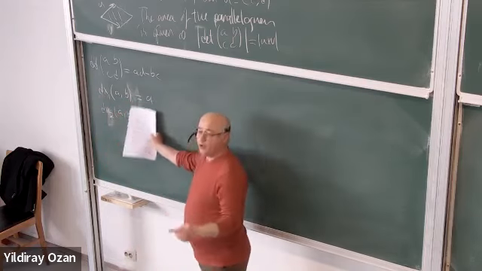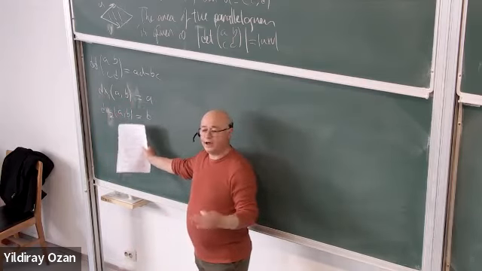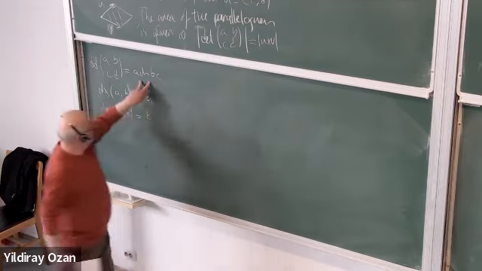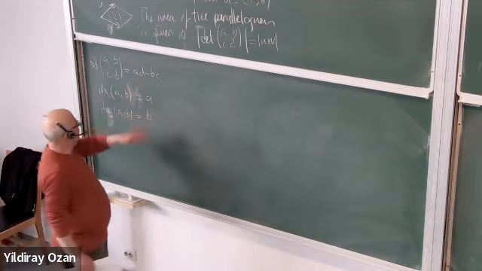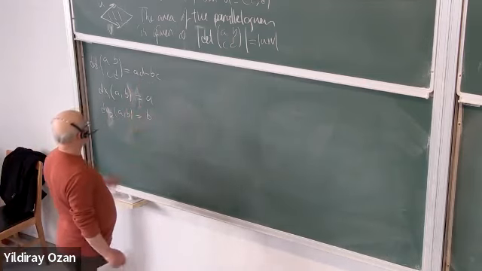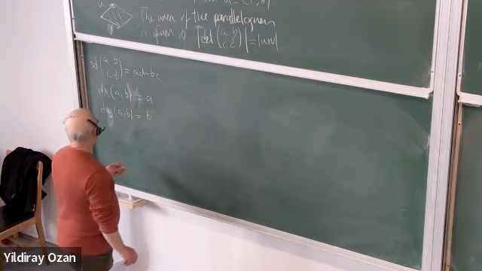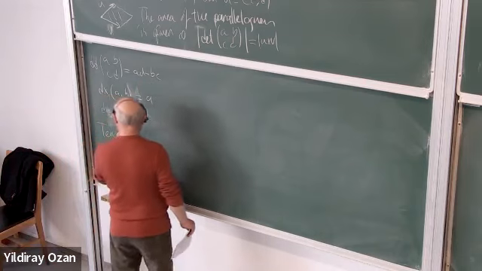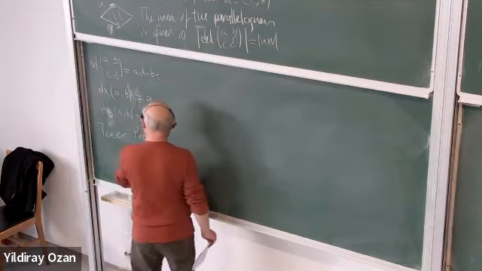If I worked in R3, I would also have dx3 and so on. How would you write this expression? I have two vectors, and we have an operation for this kind of objects, the so-called tensor product.